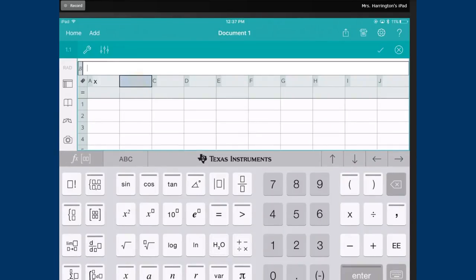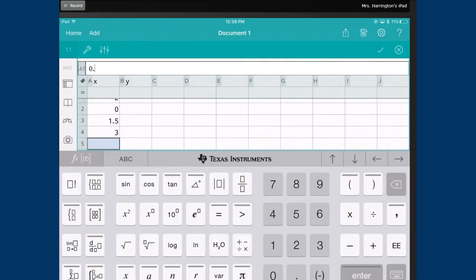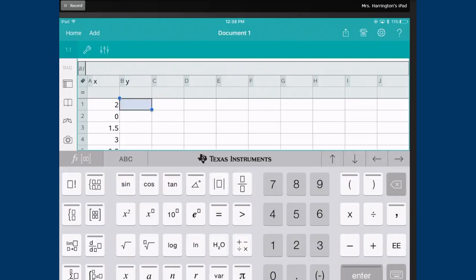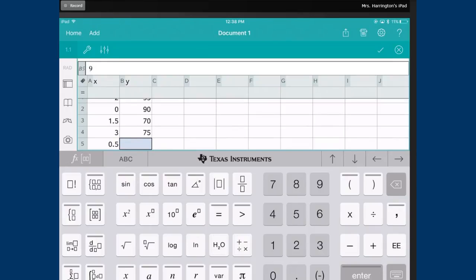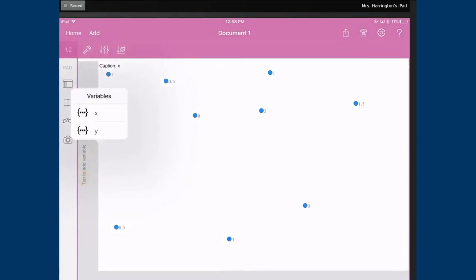For the A value, we're going to type in X, and the Y is going to be for the scores. Let me key this in real quick. Half hour is a 92, 2 hours is 53, 1 hour is 75, 0 is a 74.